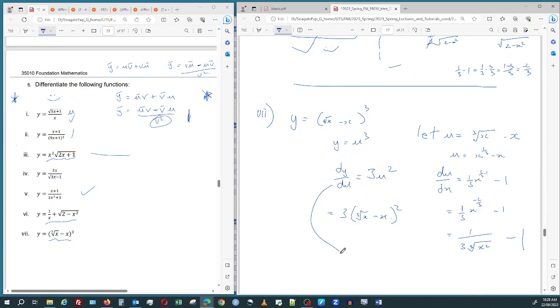So we're going to put them together as a product to give us dy dx. And so we'll get 3 times the cube root of x cubed minus x, all squared, times 1 over 3 times the cube root of x squared, minus 1.